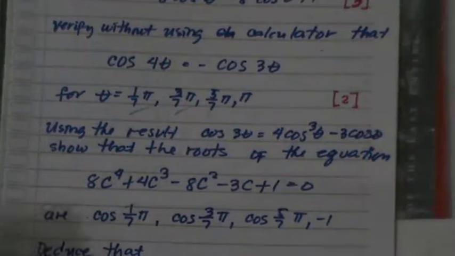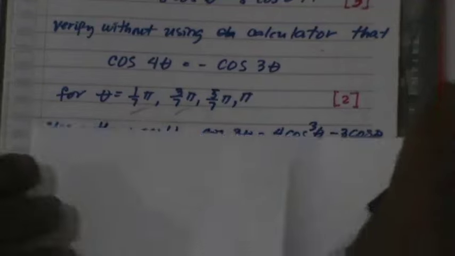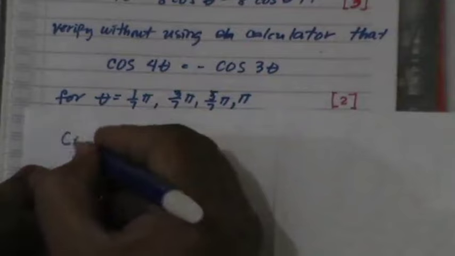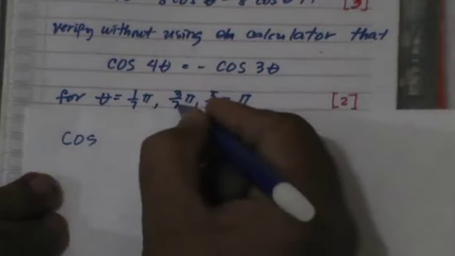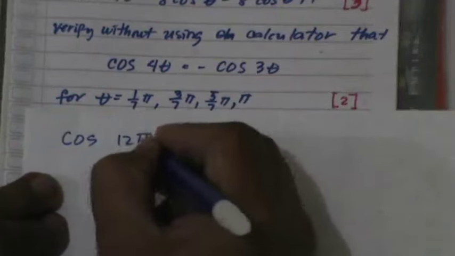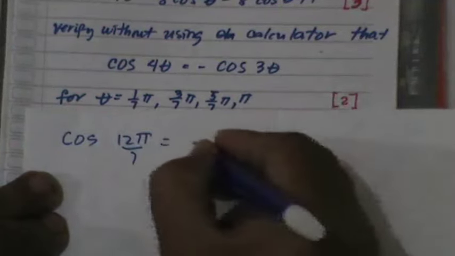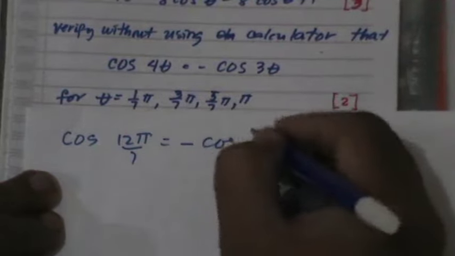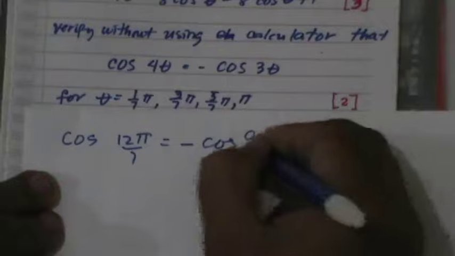So, for example, I just want to get a new paper. What I want to show is that the cosine of 3 times 4, which is 12, cosine of 12 pi over 7 is equal to the negative of the cosine of 3 times 3, which is 9, pi over 7.